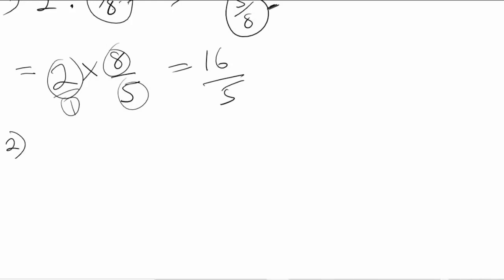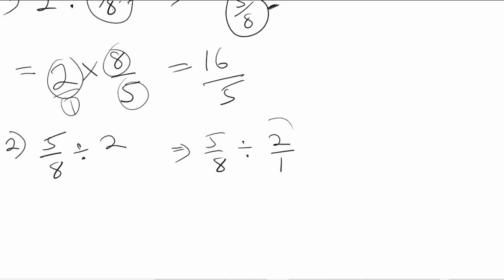Let's look at this. 5/8 divided by 2. This is the same thing as 5/8 divided by 2/1. And this is where we focus on the divisor, because in converting it to multiplication, we are going to take the reciprocal of this divisor.